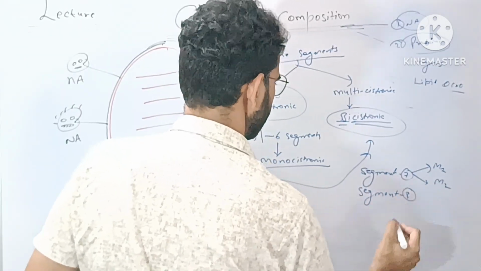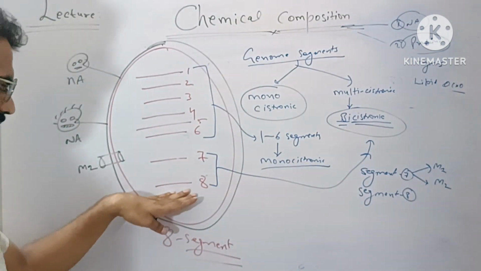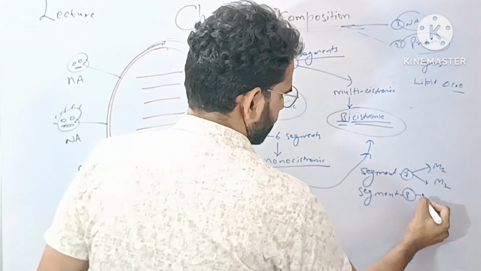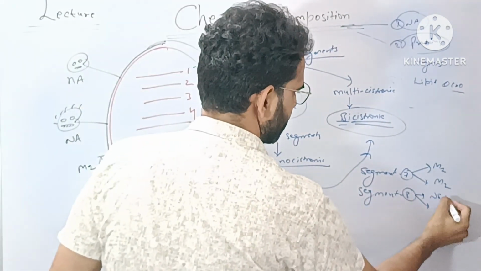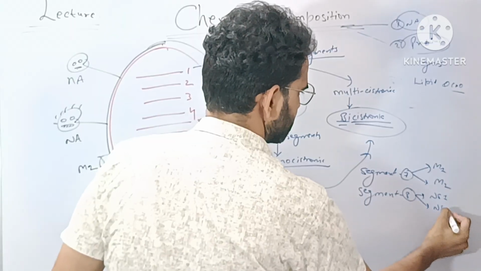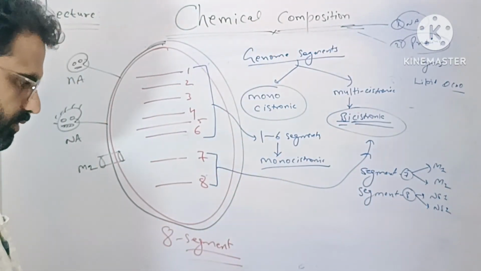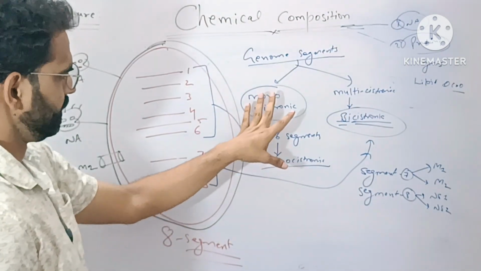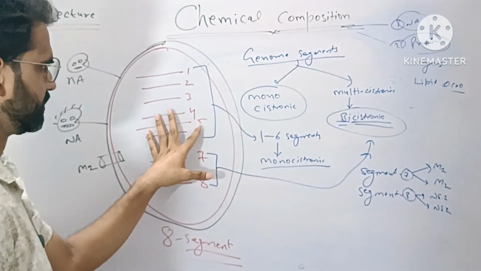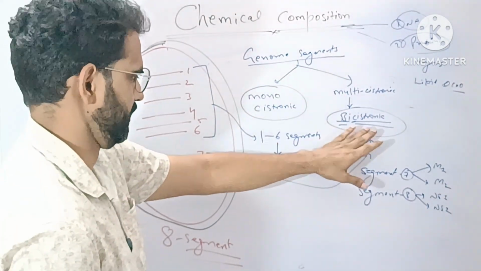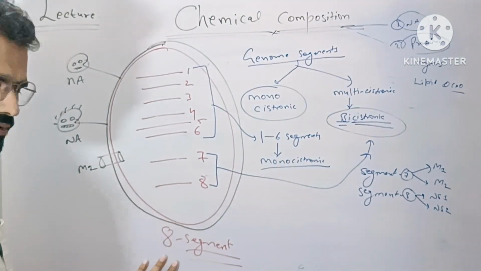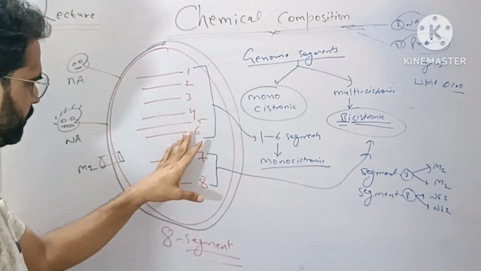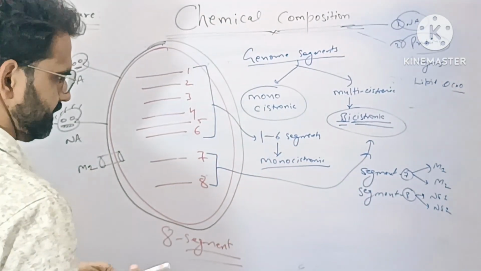Similarly, segment 8 codes for NS1 and NS2, non-structural protein 1 and 2. So a genome segment may be monocistronic or bicistronic. In case of influenza A virus, 1 to 6, they are monocistronic.